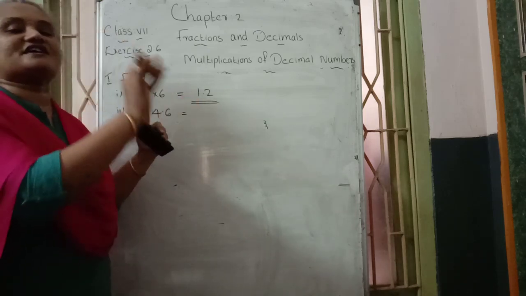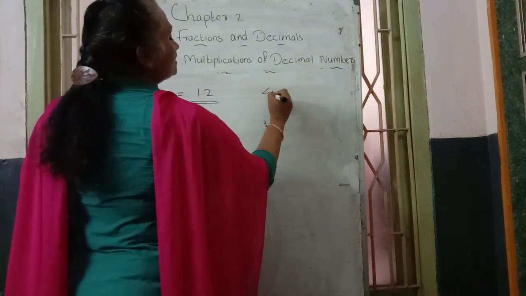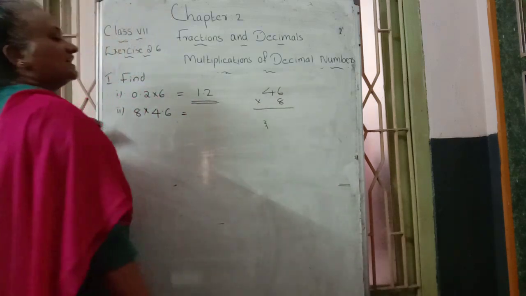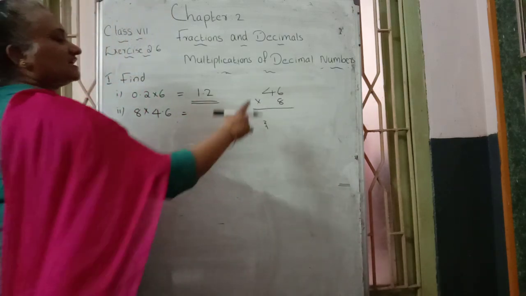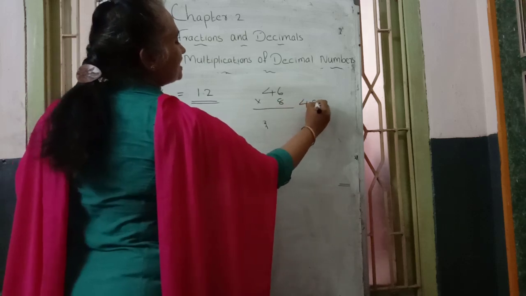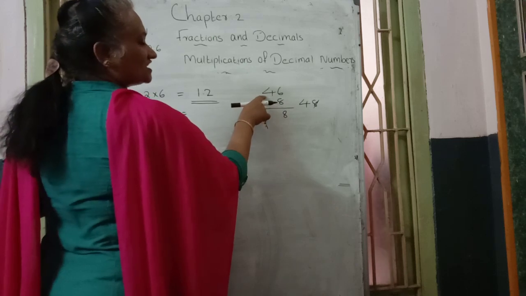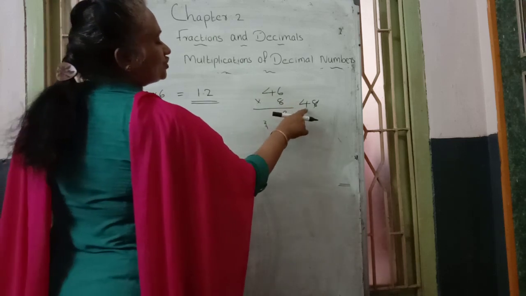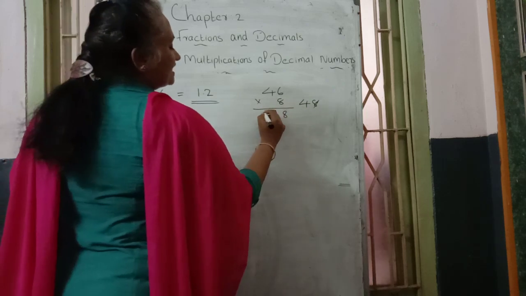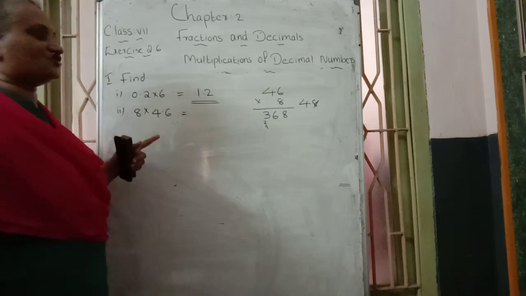Afterwards in the answer place we count and put the decimal. We take the bigger number 46 and multiply with 8. 8 into 6 comes to be 48. Write 8 and carry 4. Then 8 fours are 32. 32 added with 4 comes to be 36. So the answer is 368.